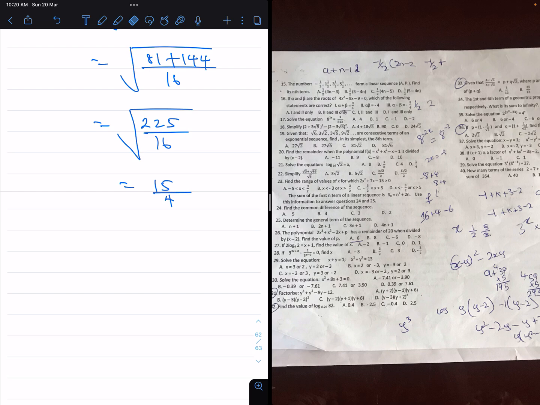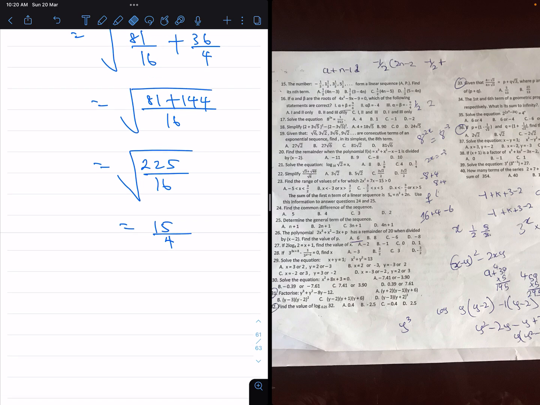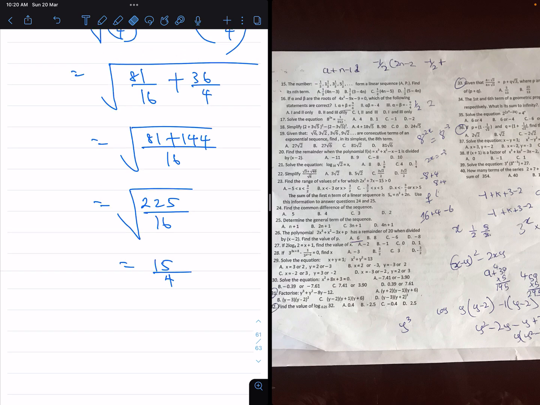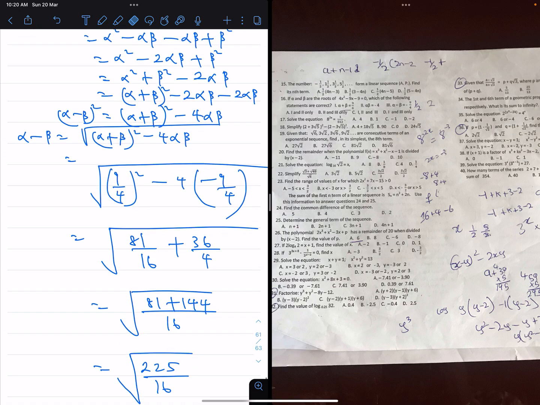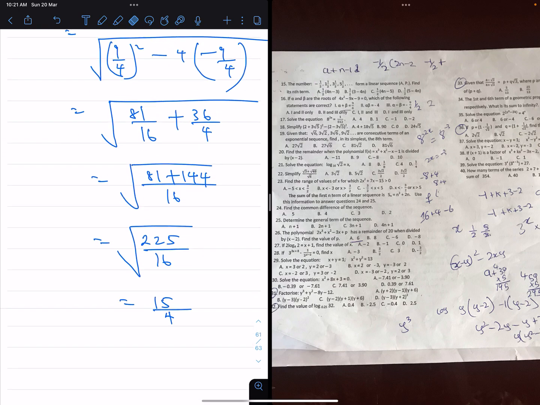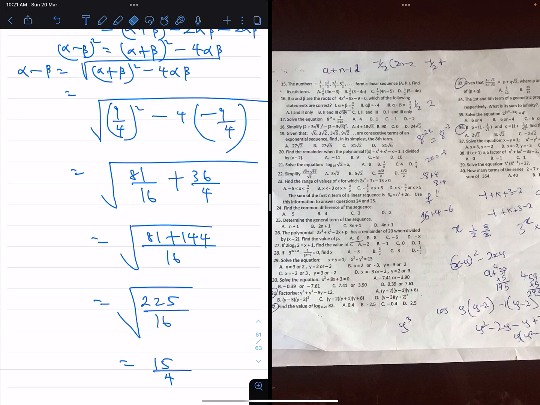I don't think the answer is there. Or did we make a mistake? No. Alpha minus beta is the square root of alpha plus beta all squared minus 4 alpha beta. Alpha plus beta is 9 over 4, that's 81 over 16.